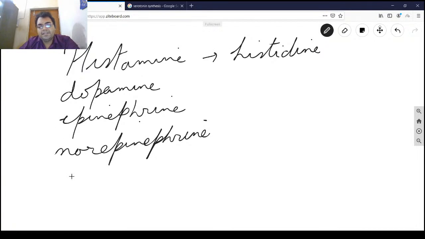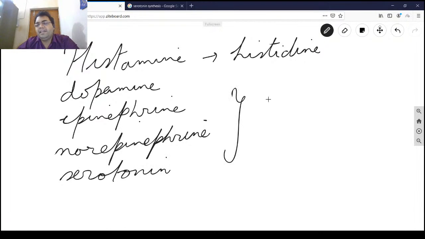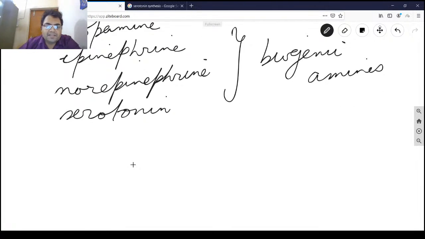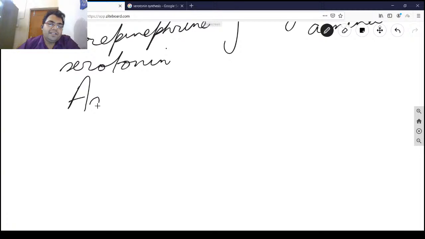These are four. Then serotonin, five. These five come under biogenic amines. Then we have another class of neurotransmitter known as amino acids. Under amino acids, the excitatory ones are glutamate and aspartate. Okay, amino acid neurotransmitters.